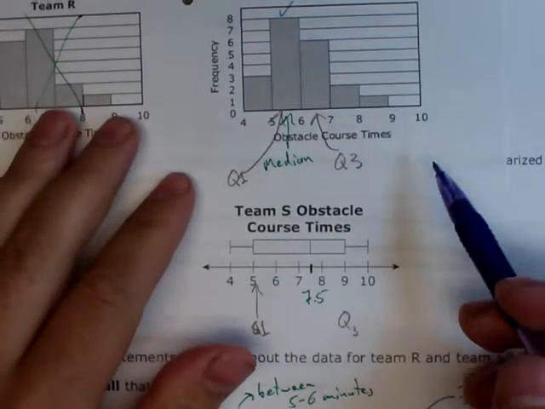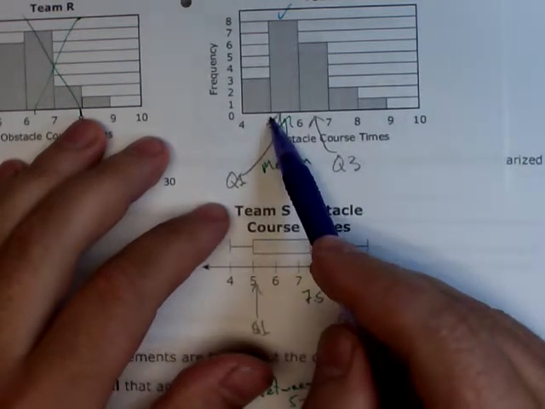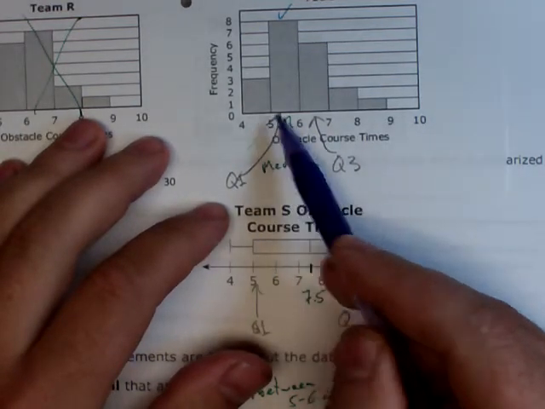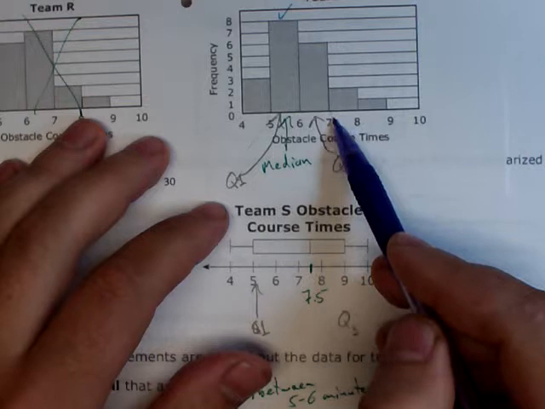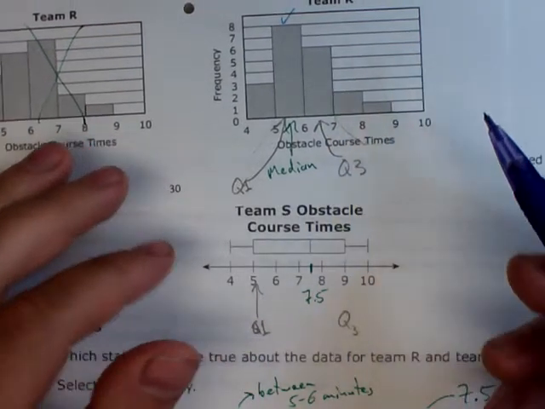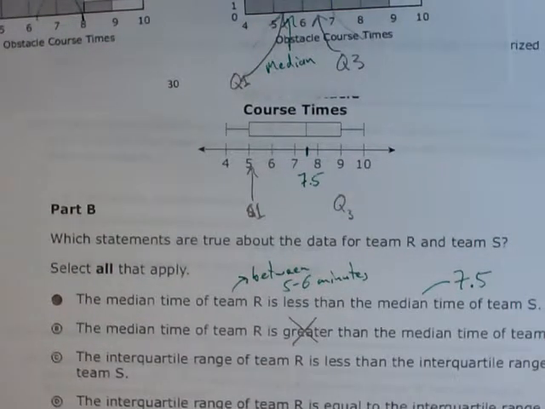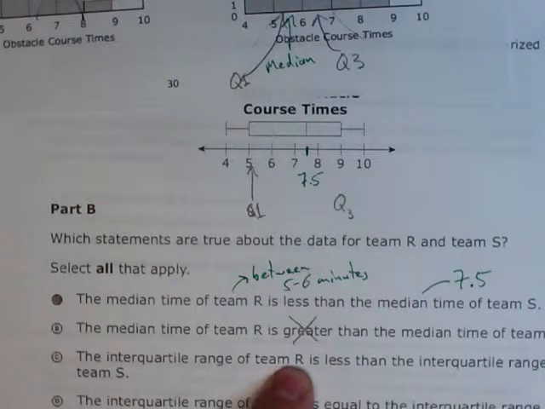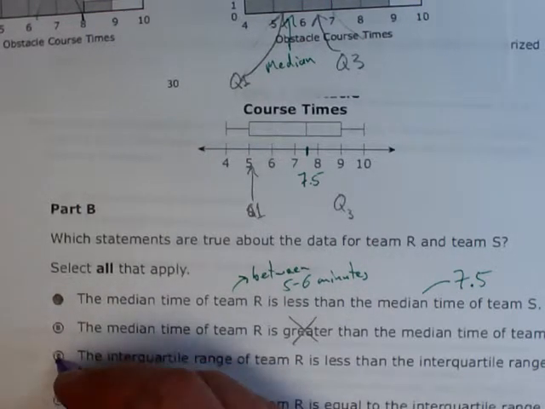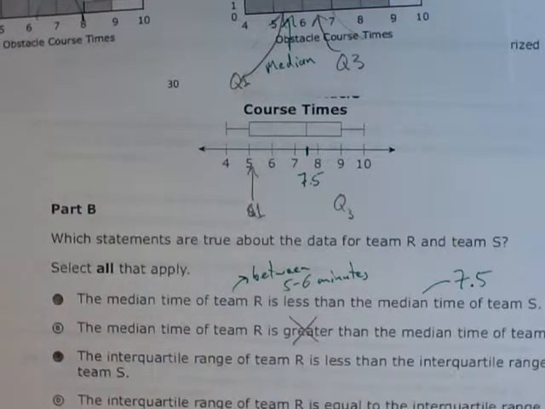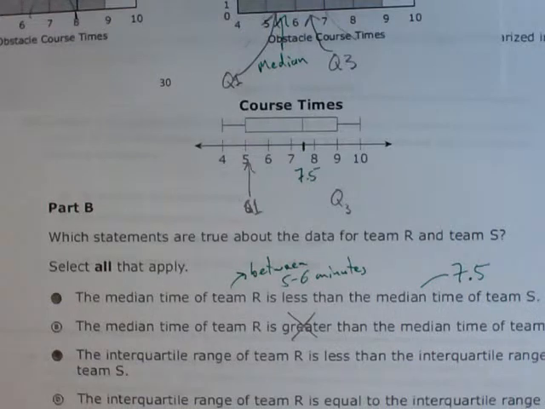The most that this one could be is if Q1 was exactly at 5 and Q3 was exactly at 7. And that would be an interquartile range of 2. That's the maximum. So the interquartile range of team R is less than the interquartile range of team S. That is true. So they can't be equal.